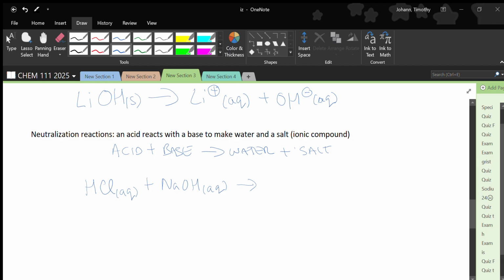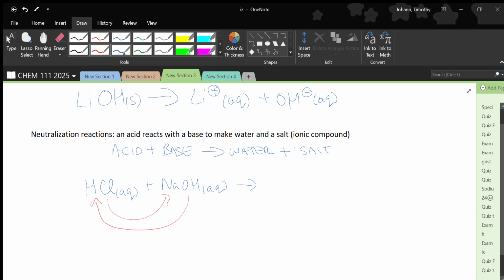And if we do this, this is a double displacement reaction, but because it's got an acid or base, we give it a special name for neutralization. Double displacement, I'm going to swap partners. So the chloride's going to go with the sodium, and the hydroxide's going to go with the H, right? The H, that's going to be an H plus.